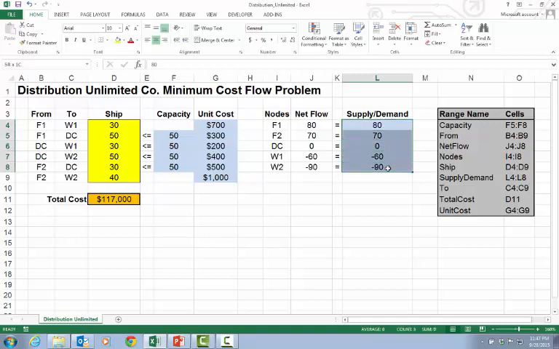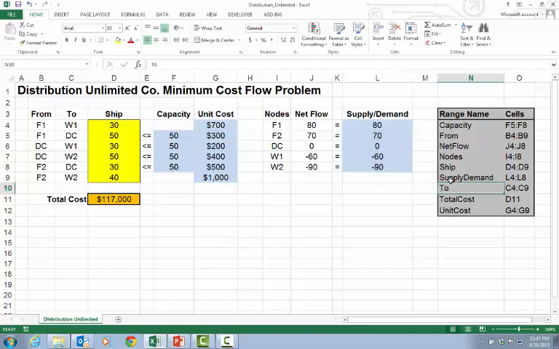So again, this is all data straight from our network representation. Each node is either a supply node, a demand node, or a transshipment node. So we've got the supply demand there in column L.